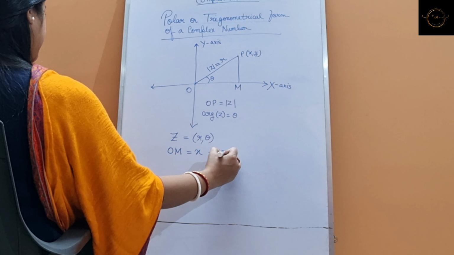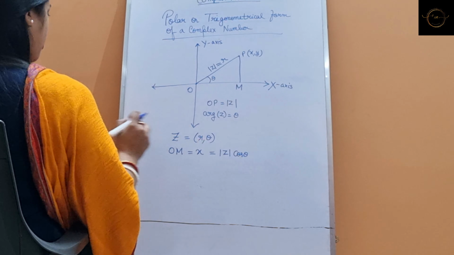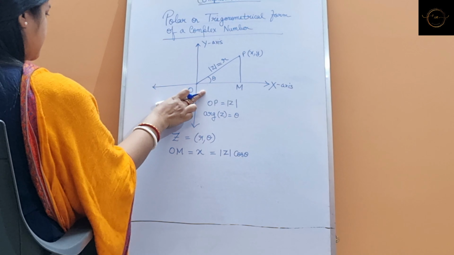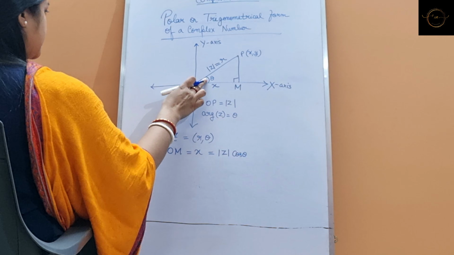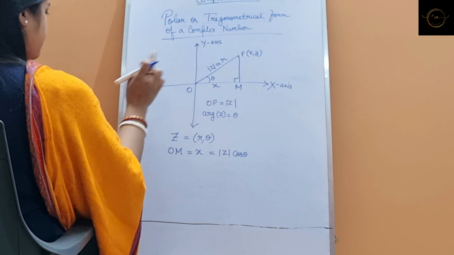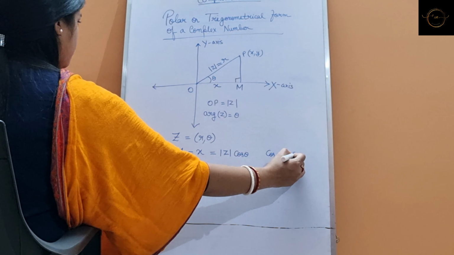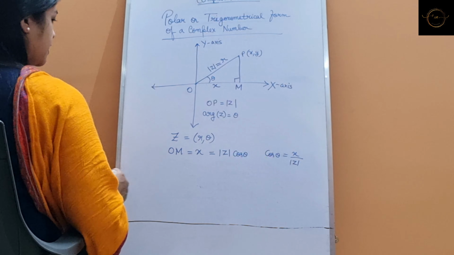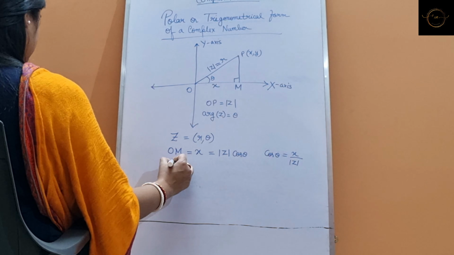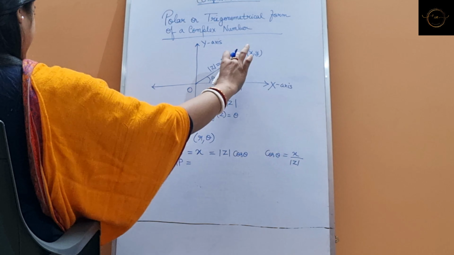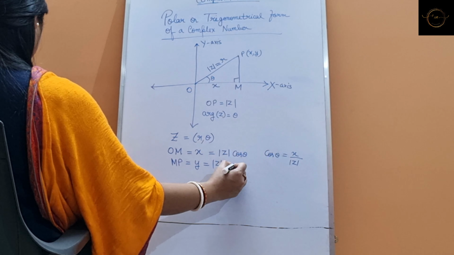So x we can write as mod z into cos theta, because from the trigonometrical values, cos theta is equal to x divided by r, that is x divided by mod z. So x can be written as mod z into cos theta. Also, MP is equal to y, that is equal to mod z into sin theta.